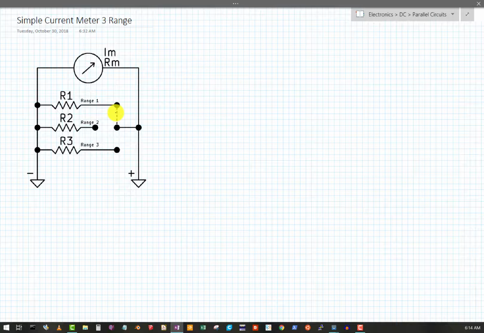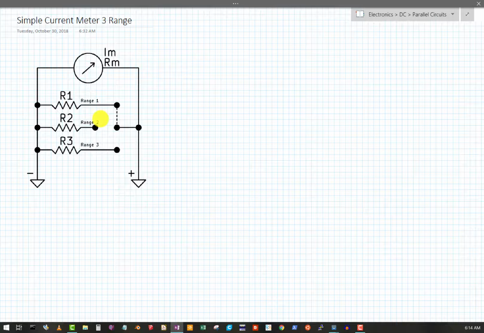They're just sitting there. And so I could use my selector switch to select range 2, and then I can use my selector switch to select range 3. So really I'm only using one range at a time. I'm essentially doing a simple current meter 3 times for different range currents.